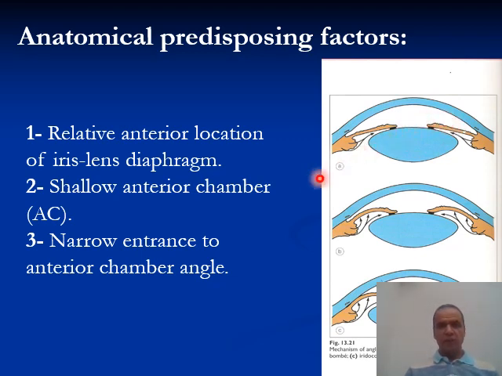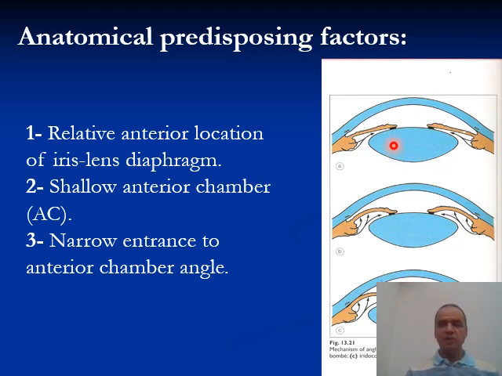These 3 predisposing factors are usually present in patients with high hypermetropia due to the shortening of the anterior-posterior diameter, and also in patients above the age of 65 because there is enlargement of the size of the lens.